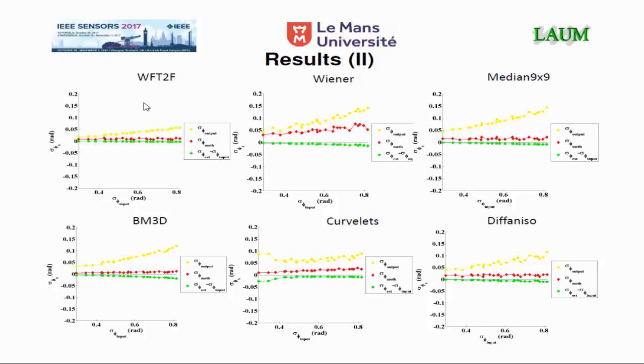And you have classical trends, increasing curves with input noise. And for a method which does not depend on the noise, the error method presents some variation, essentially due to the difference of the structure in the fringe pattern.